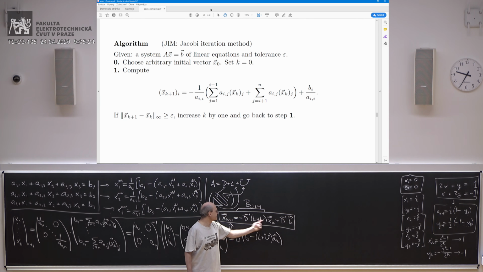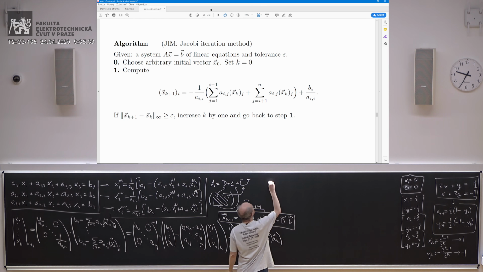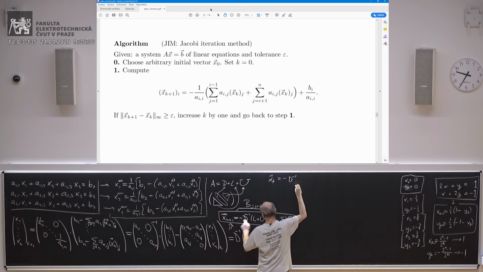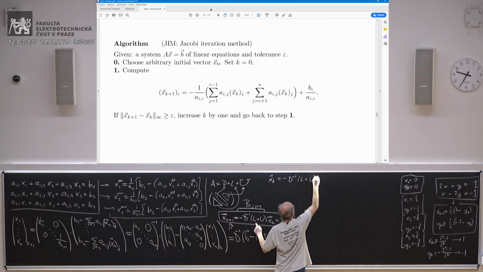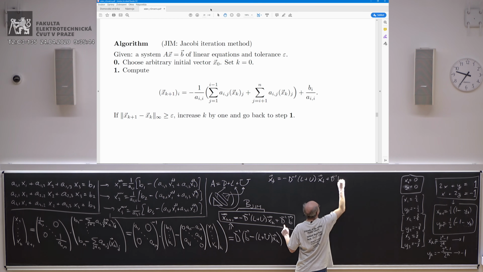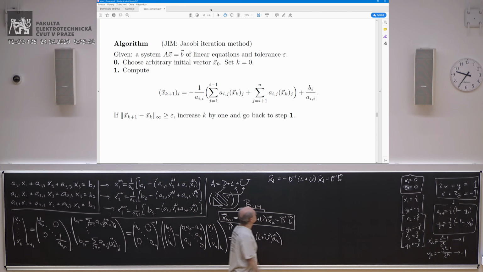The vector which we get should satisfy an equality which looks like this. The final vector is minus D inverse (L plus U) times the final vector plus D inverse B. That's the equation.